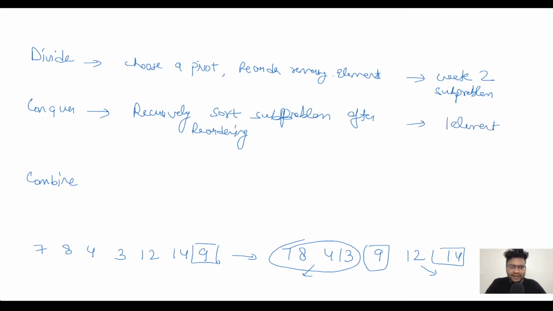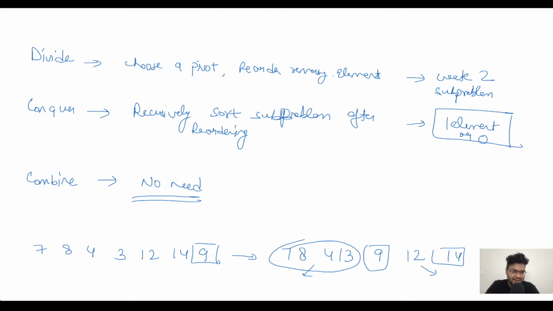When there are 1 or 0 elements in the array, we have reached the state where it is already sorted. And the combine, we don't need to combine it. That's the best part about quicksort. We don't need to combine the subproblems, because by the time we reach the combine stage, the divide and conquer has already sorted the entire list of numbers.